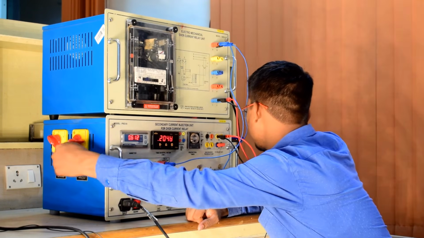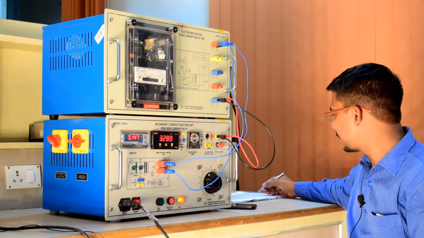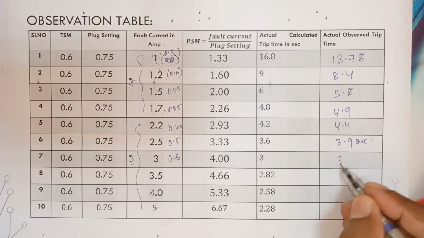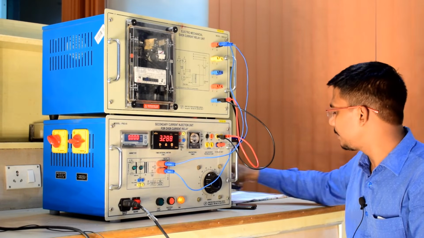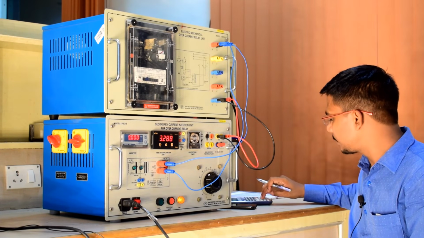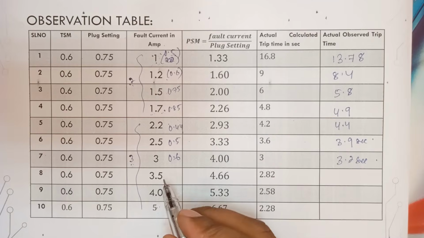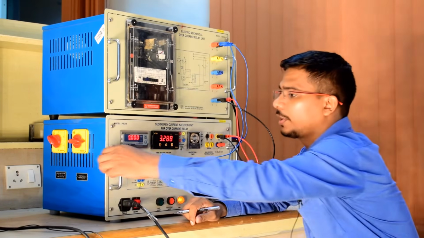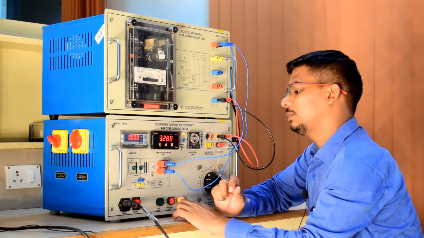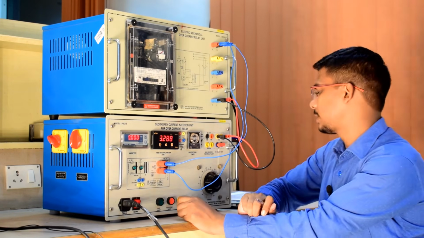Okay, this is 0.6. So after that we have to see what is the trip time. We expected 3 seconds, and it is 3.2 seconds. Now for 3.5, we just have to see 3.5 divided by 5, which is 0.7. Right now you will see 0.7. To reset, again 0, press start.